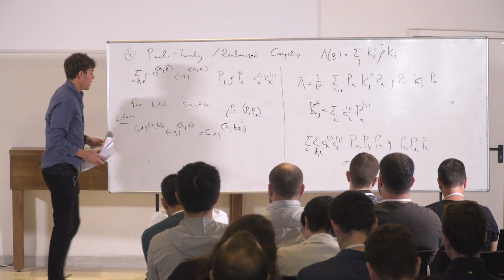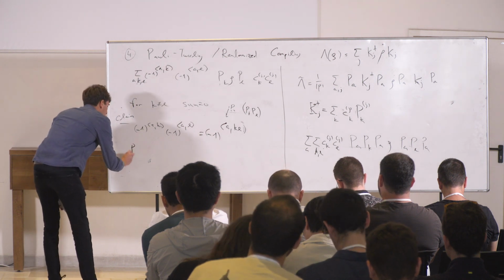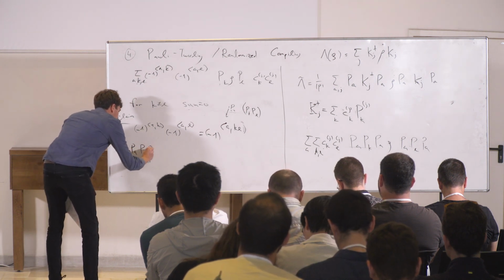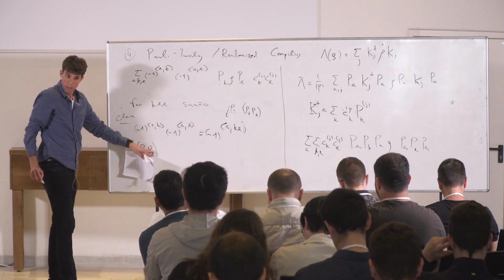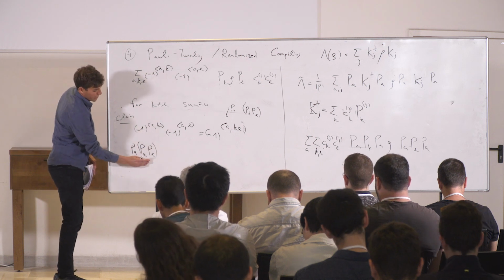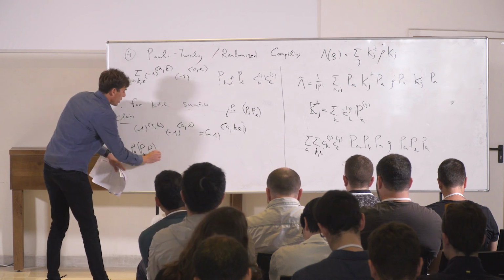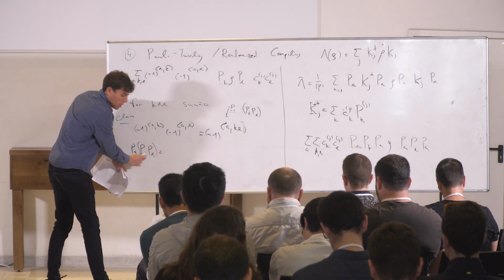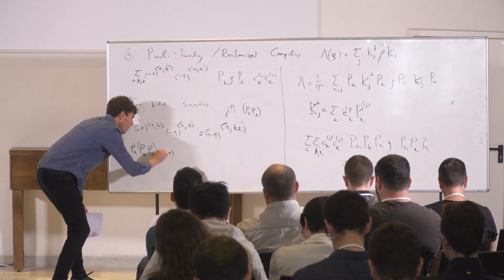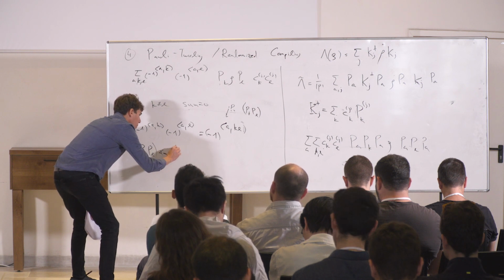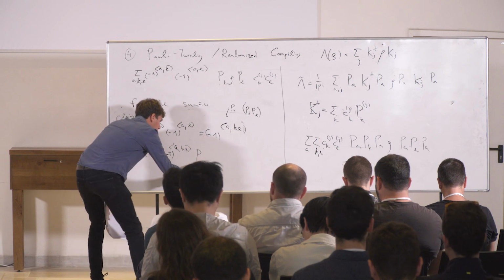And it's very easy to see why this is the case. Because if I just compute the commutation relation of PA and PK, PL, I need to commute this PA past these two operators. So first I commute PA with PK. This is equal to minus 1 to the power A, K, L, PK, PL.